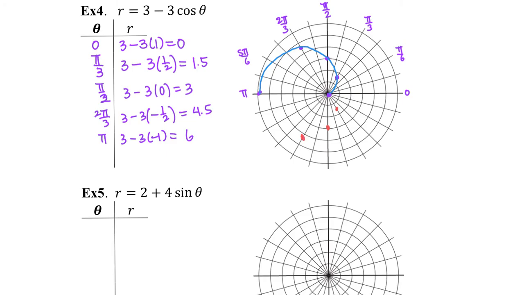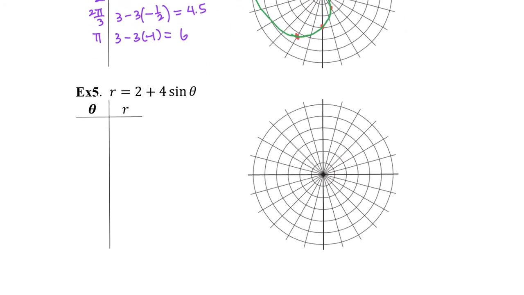And then if I go back to pi, I should be at 6. Does that look like it's symmetric? Let me draw it and check. It does look symmetric across the theta equals 0 line, which makes sense because it's in terms of cosine.